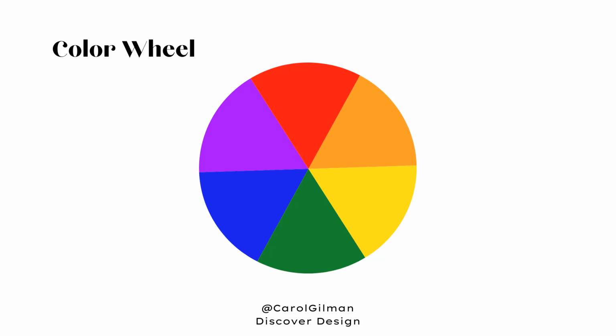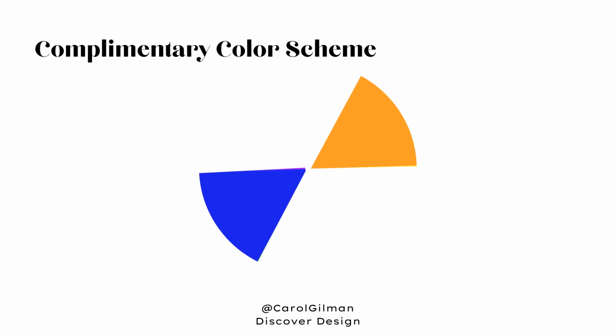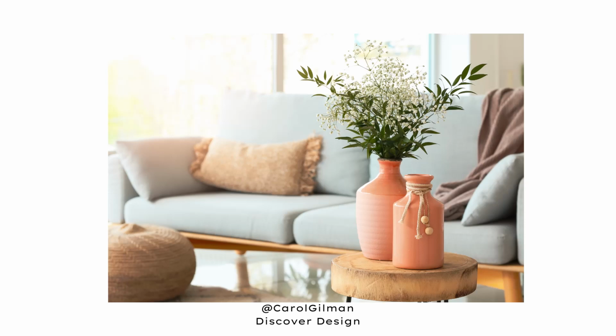So if we look at the color blue, well, orange is opposite the color blue, and that creates a complementary color scheme. And we can use that in very soft tones, but we can also use it in kind of unexpected ways. One thing to kind of always think about is that everything around us has color to it.